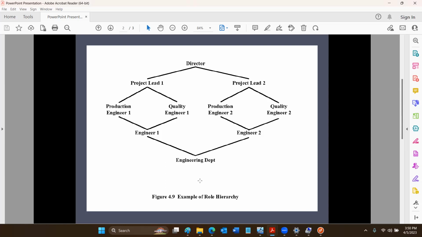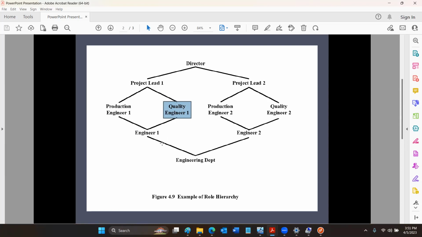Yeah. Okay, so an organizational chart is basically a role hierarchy. And one of the things that you don't get about an org chart is that sometimes there are dependencies between the roles. For example, the engineer at this level may report to the production engineer number one and quality engineer number one because those are supervisors that concern themselves with, well, how efficient they are and how good they are, right?